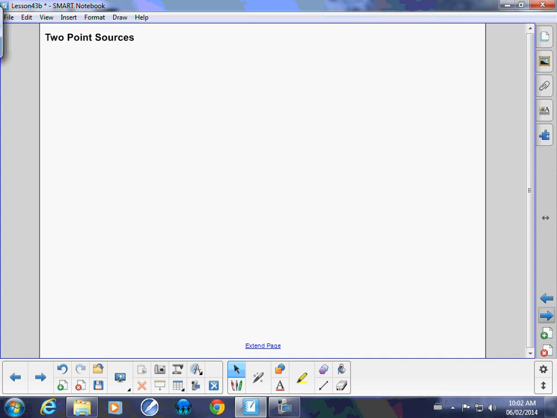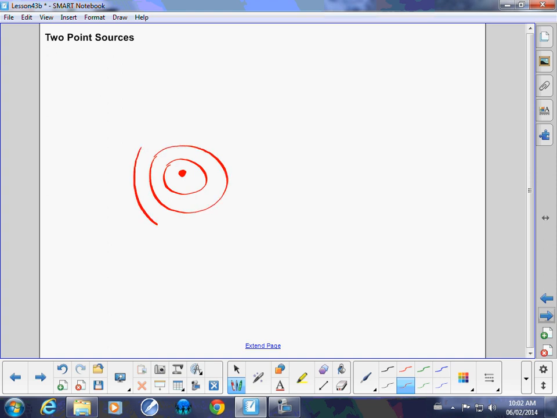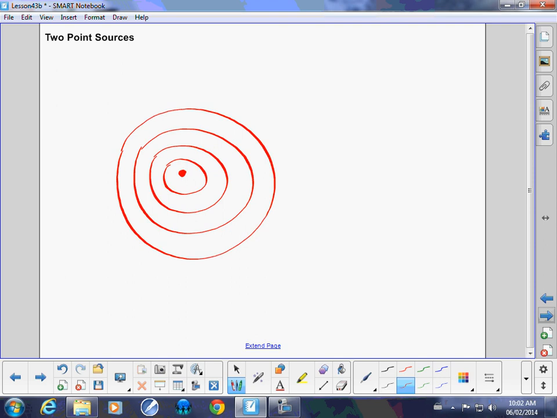Moving along, this one became very important for us, and it's going to be extremely important as we move into Young's double slit experiment a little bit later on. So talking about two point sources, I'm going to sketch this as best I can. Drawing, again, a single point source, and then placing a second point source in the same vicinity, it generates its waves.